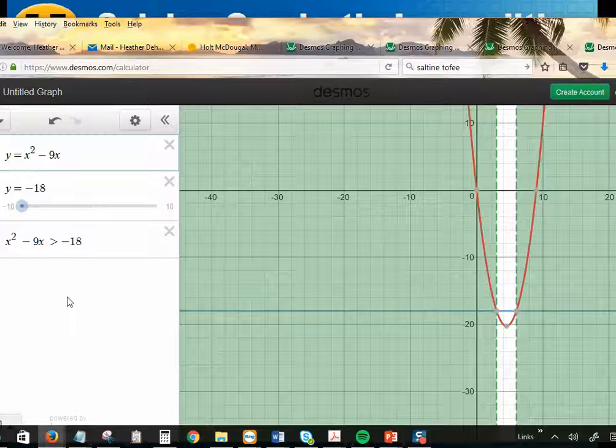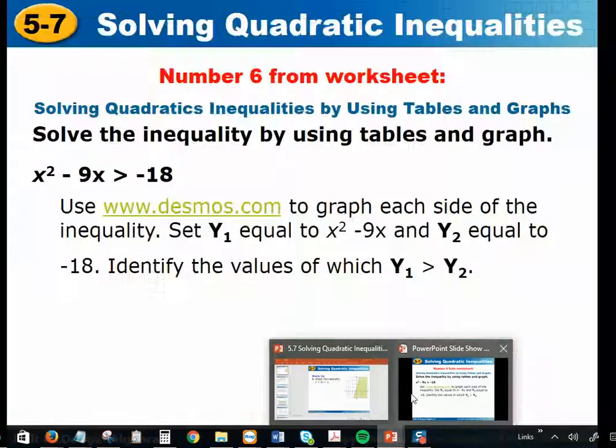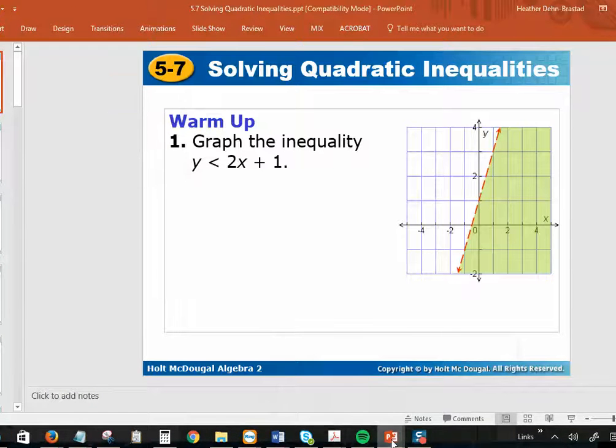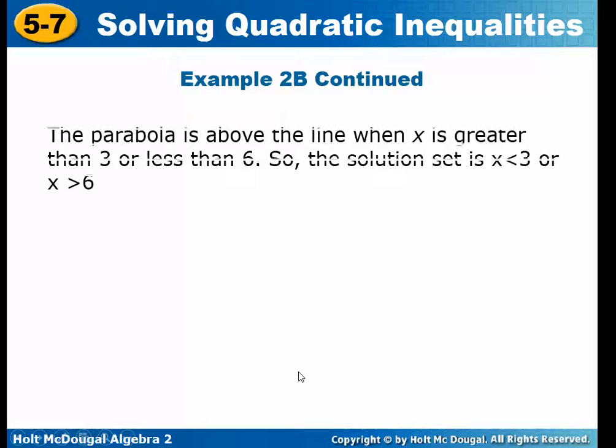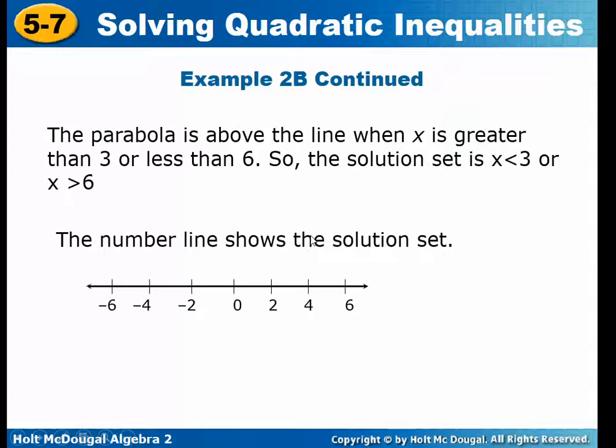So when x is less than 3, or when x is greater than 6. So the solution set, the answer that you would write, is x is less than 3 or x is greater than 6, because the values in that region work. You can also show that on a number line. So we'd have the numbers less than 3 and greater than 6.